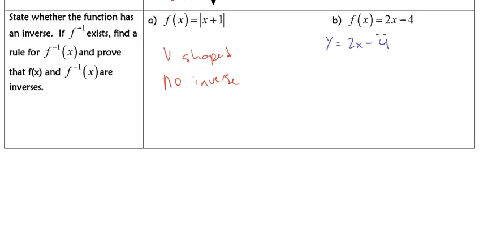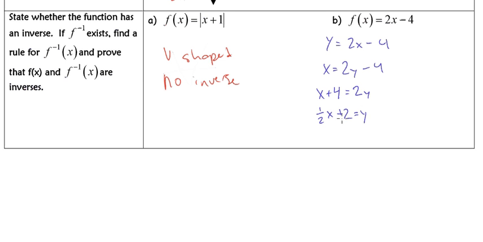And so for the inverse, it's going to be x equals 2y minus 4, and we've got to solve for y. So let's see, add 4 to each side, and so we've got x plus 4 equals 2y. And then divide everything by 2, and we end up with 1 half x plus 2 equals y.